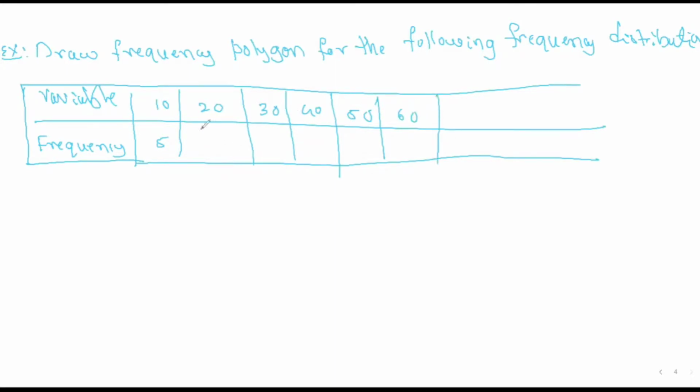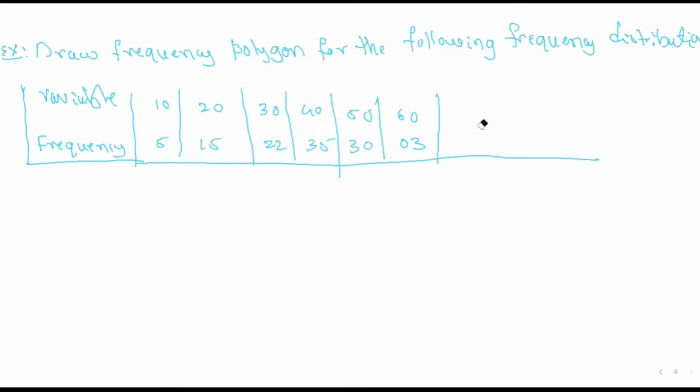So here frequencies are 15, 22, 35, 30, 3, right? So these are the frequencies. Next, we need to draw frequency polygon for this data set, right?